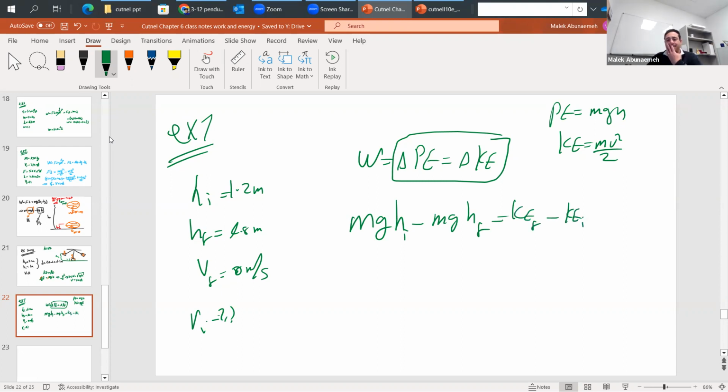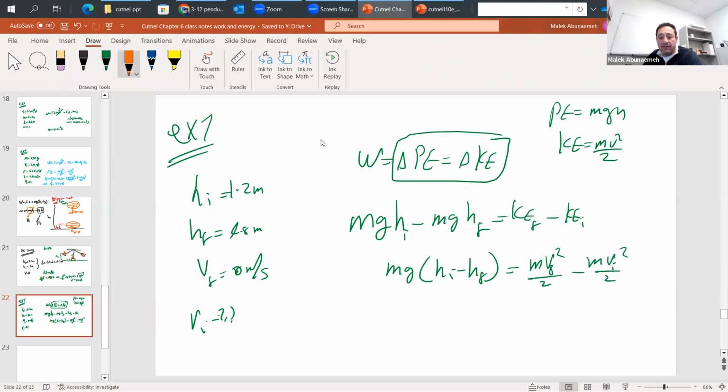Taking mass times gravity together, what do you get? mg(hi minus hf) equals m vf squared over 2 minus m vi squared over 2. But the final velocity is 0, so this thing is going to go to 0.